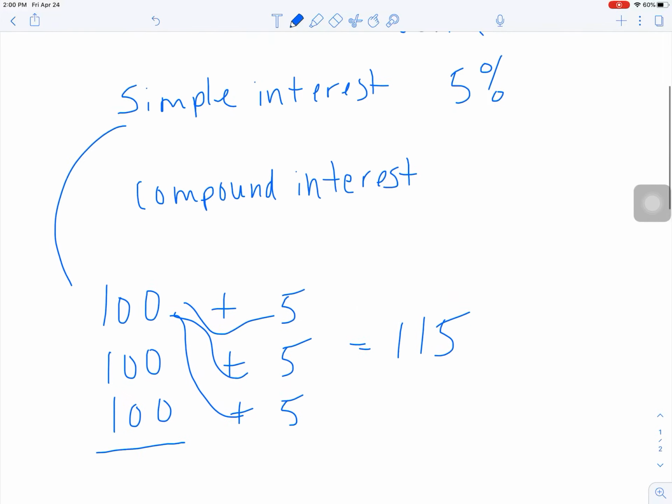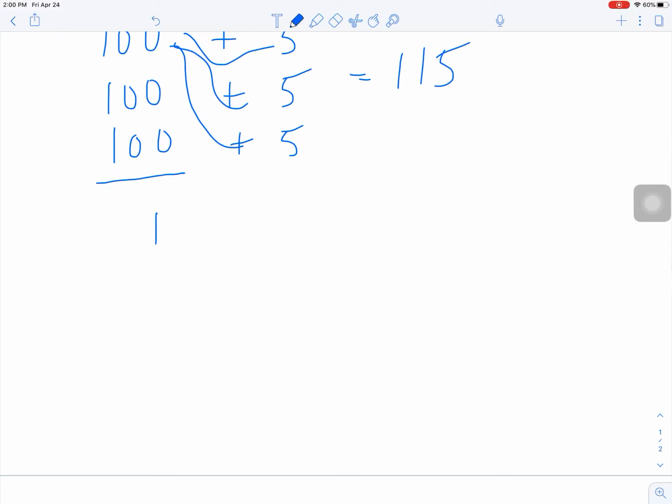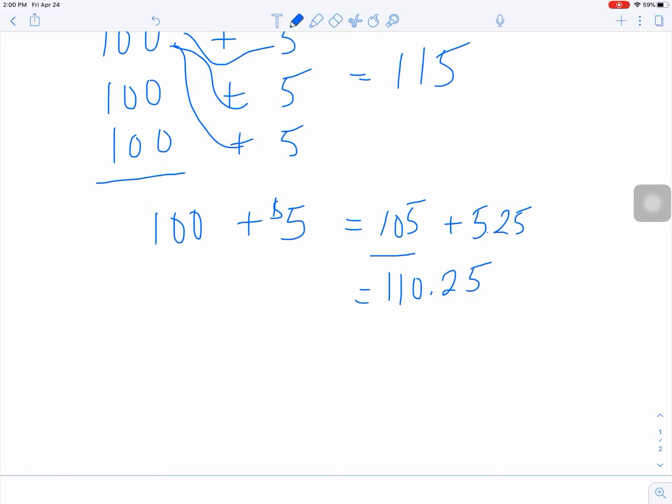Okay, so with compound interest, it's a little bit different. Say you start off with $100. After the first year, you're going to add $5 to it, so you're going to be at $105. Then next year, they're going to take that 105, add your interest on it, which would be another $5.25, so you're going to be at $110.25.